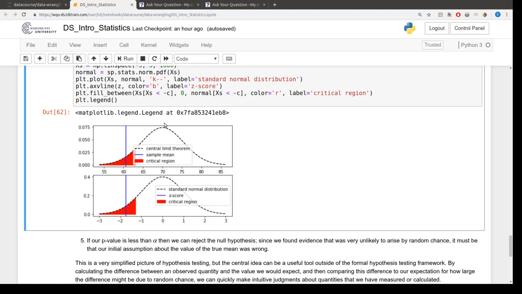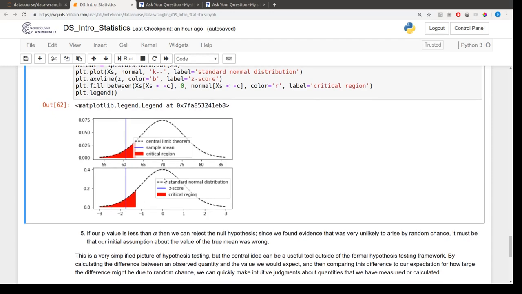It's just the area under the curve given by the central limit theorem distribution, starting at our sample and then moving in a direction that is more extreme, that differs more extremely from our null hypothesis, where the central limit theorem is centered.